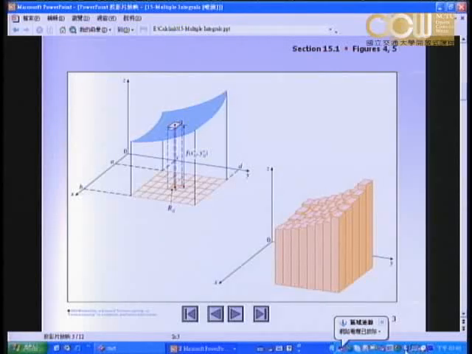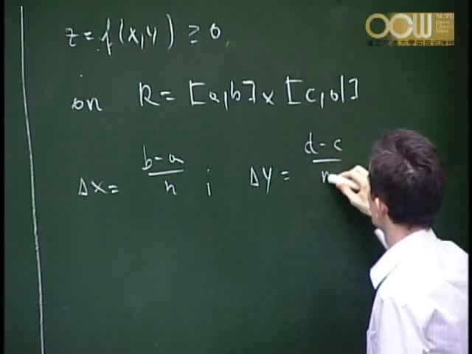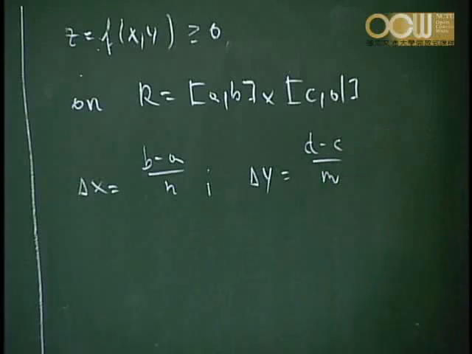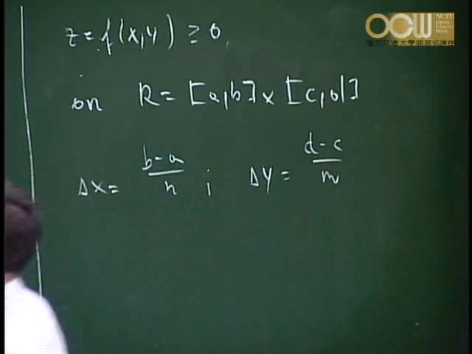So we define delta x, which is (b minus a) over n, and delta y, which is (d minus c) over, let's say, m. And then again, we define sample points.